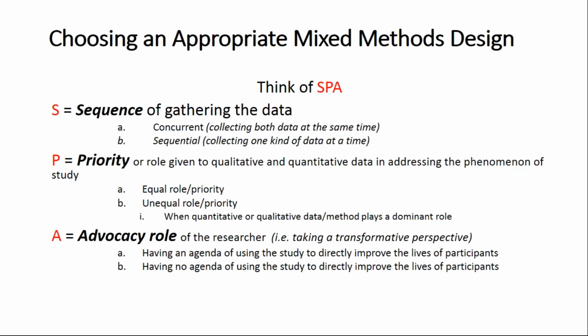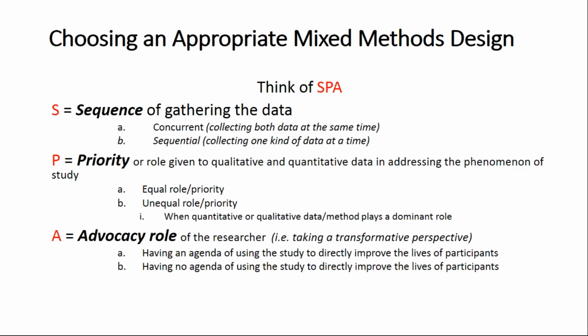If you want to do that, you call it sequential because you collect one kind of data at a time, analyze it, and then you allow the findings to inform the next kind of data that you have to collect. Concurrent means that you're collecting qualitative and quantitative data at the same time. So if you want to collect two kinds of data in your study, start with S, sequence.